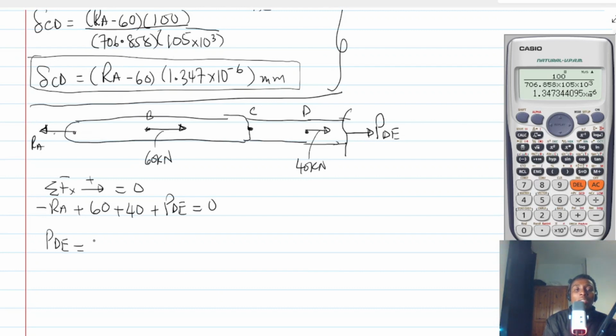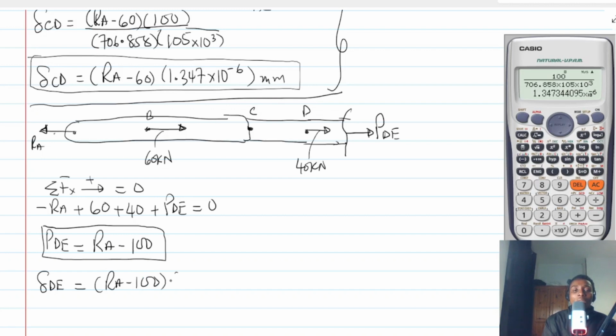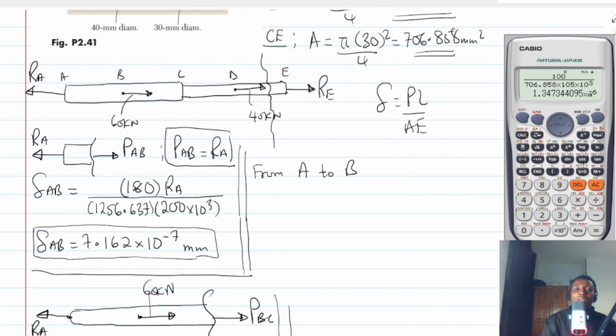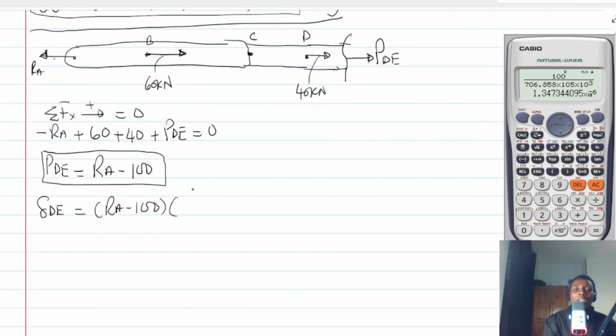PDE is nothing but RA minus 100, since 60 plus 40 is 100. We don't need a calculator to do this, right? Again, delta PDE will be RA minus 100 multiplied by the length. The length is 100 mm.